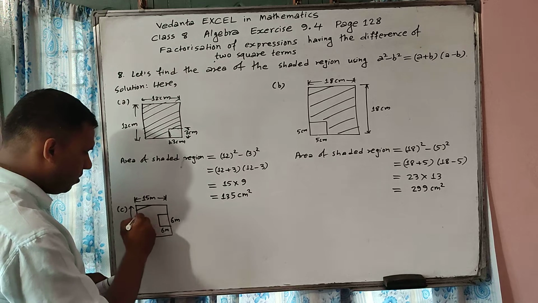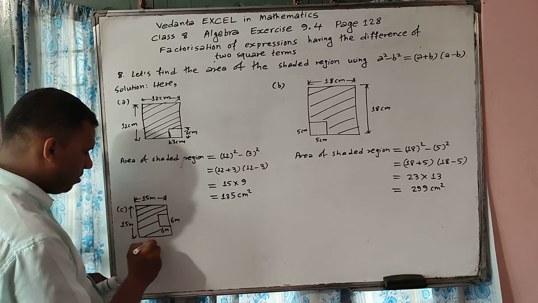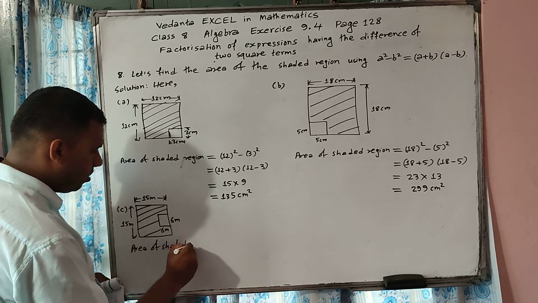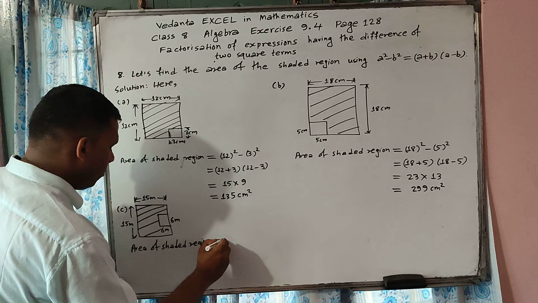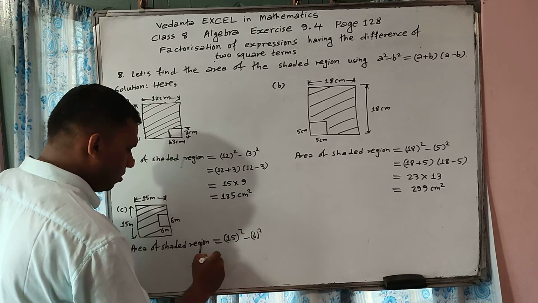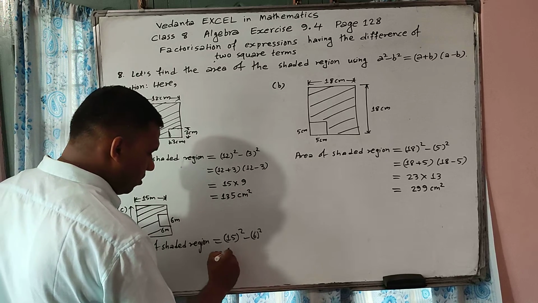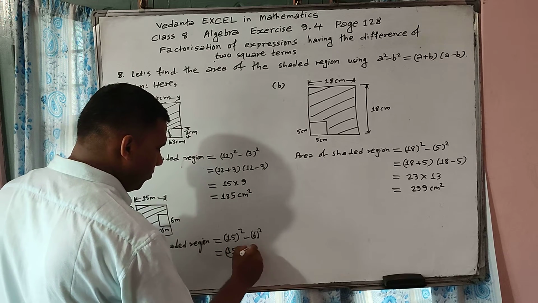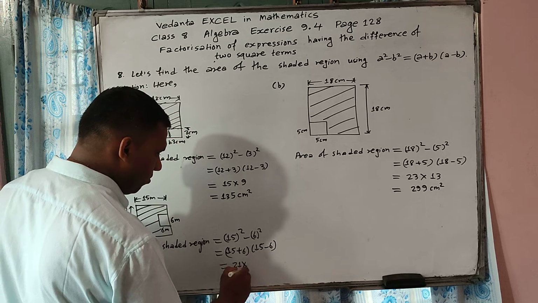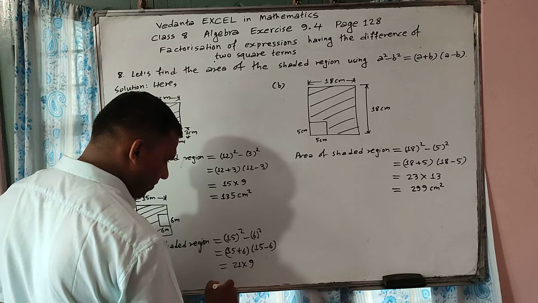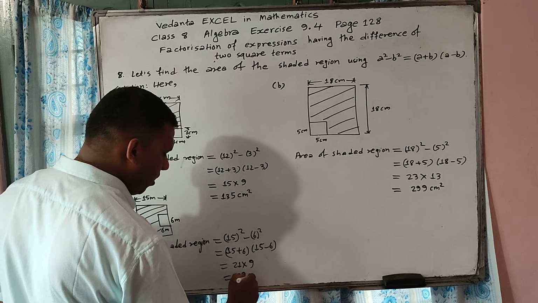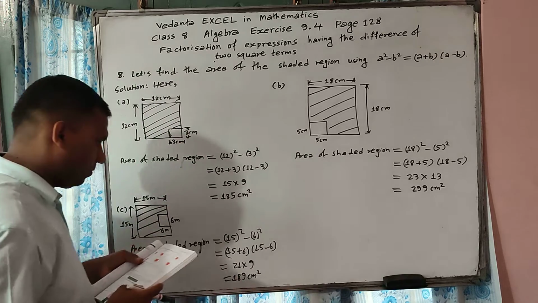This part is the shaded part. Area of shaded region equal to 15 square minus 6 square. 15 plus 6 into 15 minus 6. 15 plus 6 is 21 into 15 minus 6 is 9. 21 into 9 is 189 centimeter square.